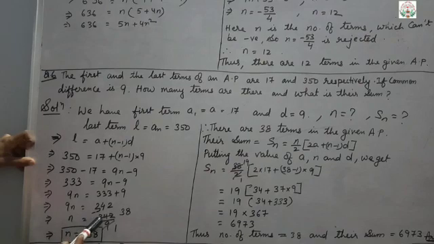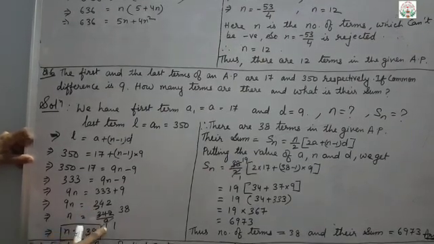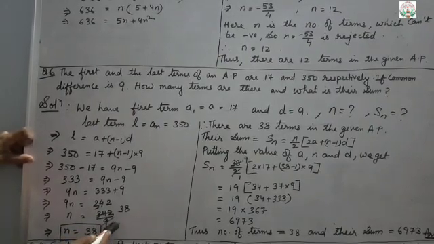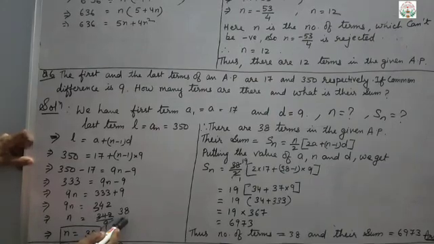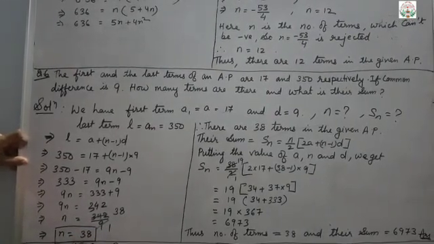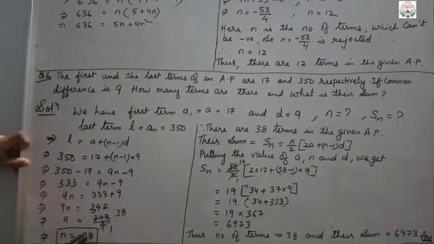Now n will be 342 upon 9. On dividing 342 by 9 we will get 38, because the number is fully divisible. So the n value will be 38. The number of terms we got for this AP is 38.